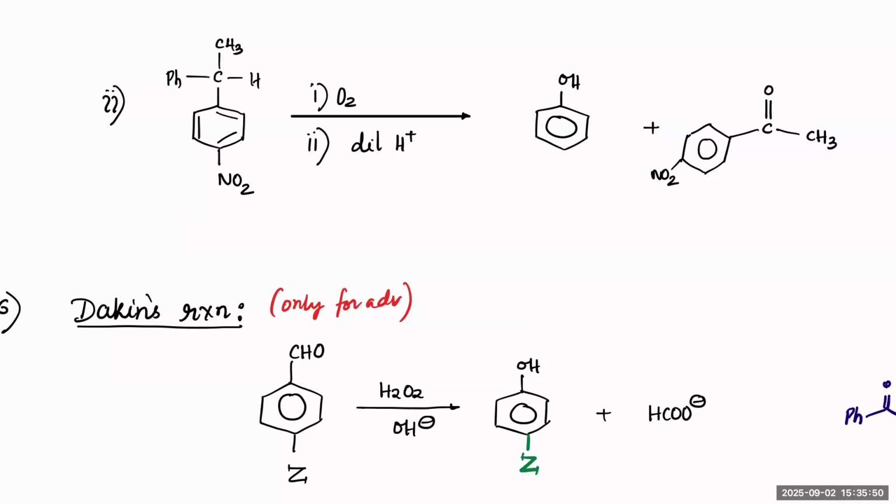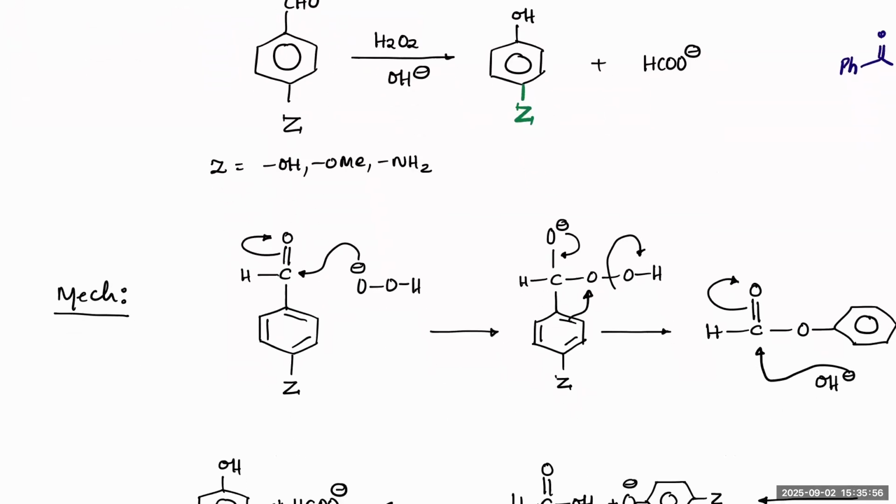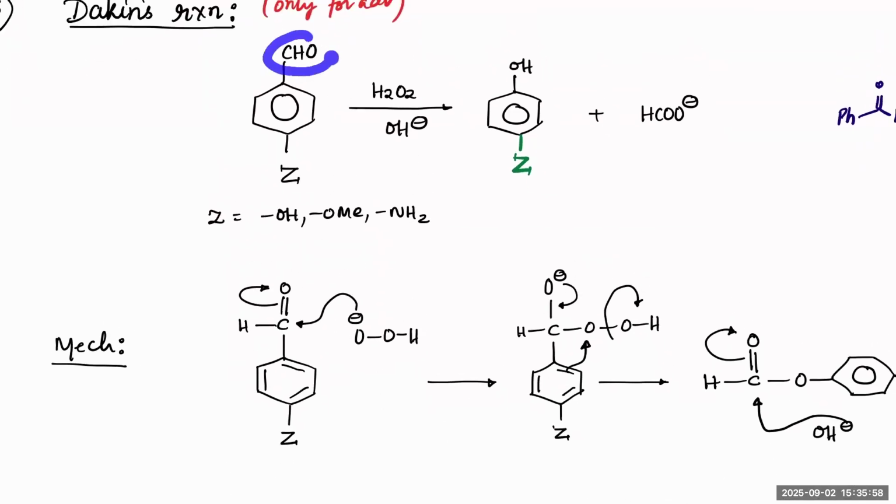Dakin's reaction is not there for JEE Mains. It is only for Advanced. But I'll just give you an idea what is to be done. If by chance there is a benzaldehyde, and here between carbon and hydrogen also, you will get a peroxy linkage if you react with H2O2. And then you have to migrate this group.